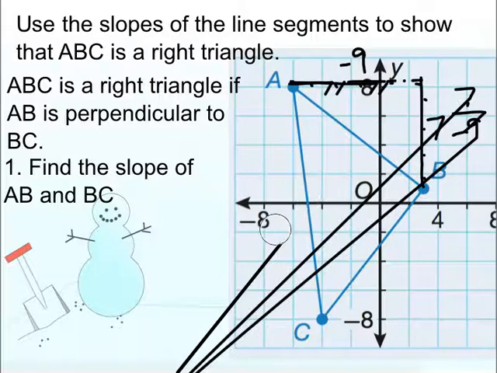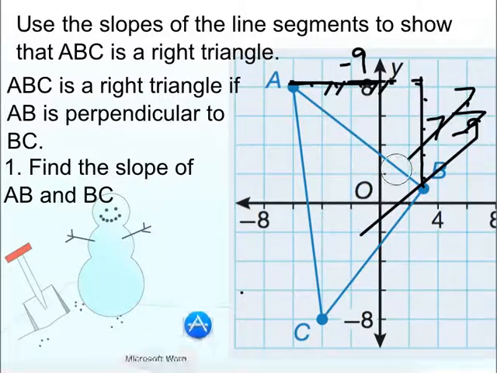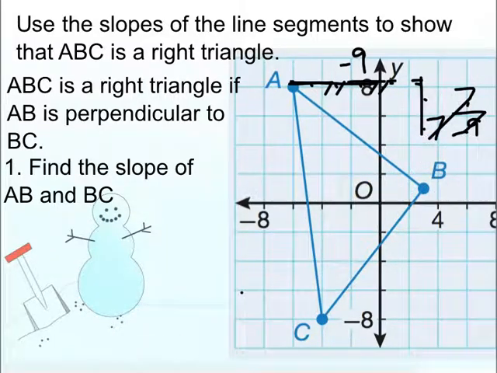Let's see if we are going to get an opposite reciprocal for my other slope. Okay, so I'm going to do a slope triangle again. When I go down, I have 1, and then 3, 5, 7, 9.